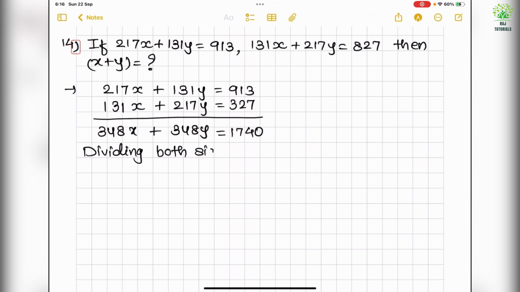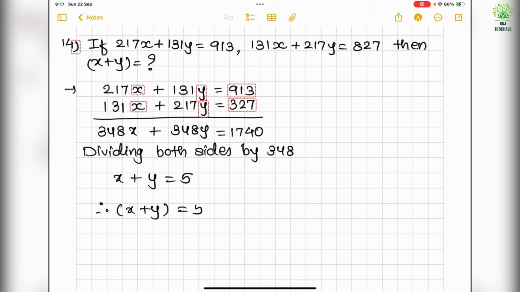If I divide both sides by 348, I will have x plus y equal to 5.